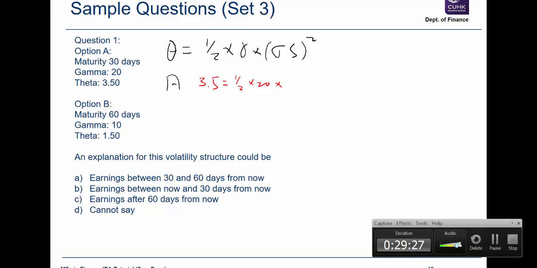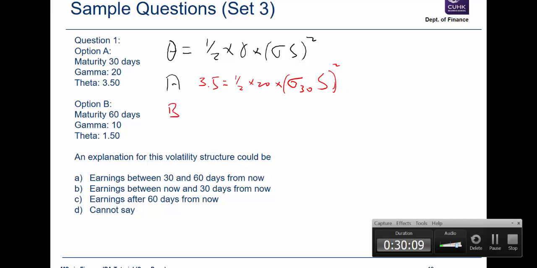Well, it doesn't tell you what S is, but it doesn't matter, so we can just leave that for a moment. In fact, you can even use 1. Just imagine the stock price is now $1. So this is a 30-day vol.